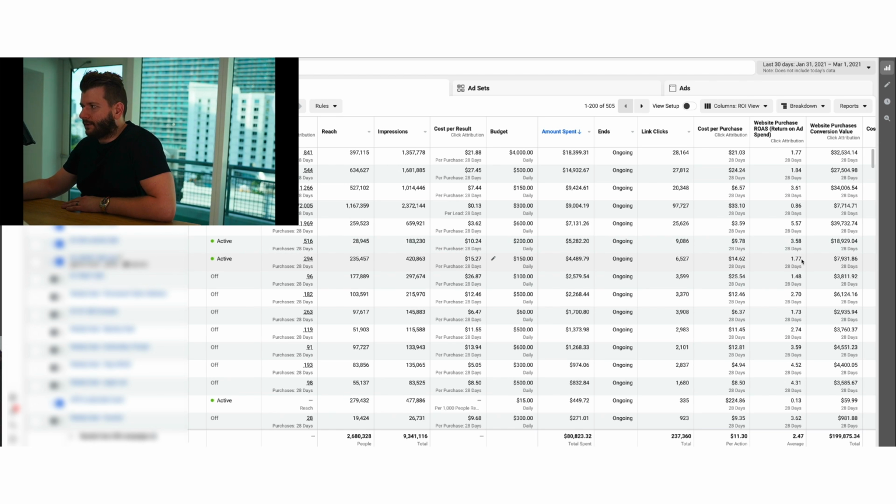Then we have this testing of the cold. You can see the ROAS here is a bit lower. We are testing different offers within different campaigns. This one here didn't work out as well, but there's a slightly different approach here because we're building the email list. That allows us to have a number of people within the ecosystem.